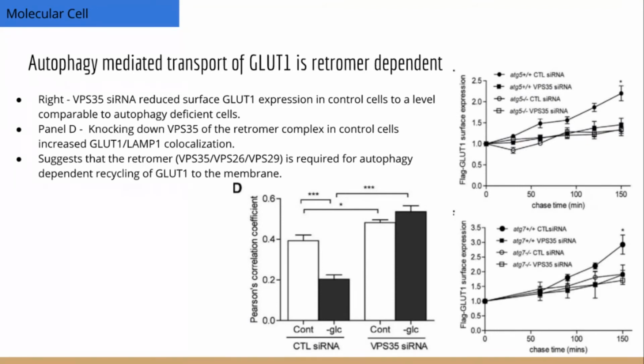So we also see it in ATG7 deleted cells down here. In panel D, we see not only is GLUT1 surface expression depleted in VPS35 knockdown in these normal autophagy competent cells, but GLUT1 is now co-localizing with LAMP1, just like it did in autophagy deficient cells.